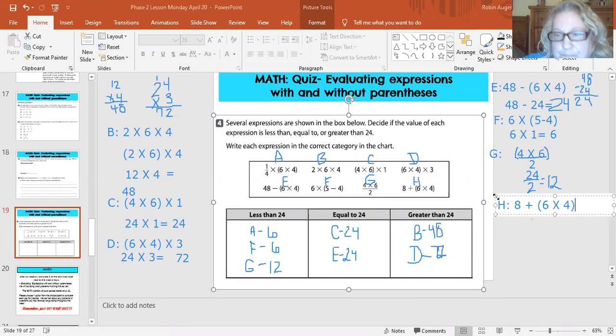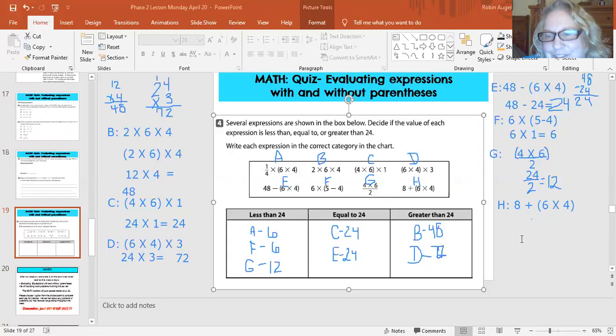All right. We have to do parentheses first. So we're going to bring down whatever we're not using. 8 and our plus sign. And 6 times 4, we know, is 24, over and over again in this thing, right?